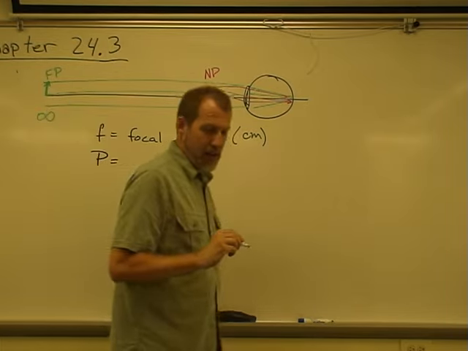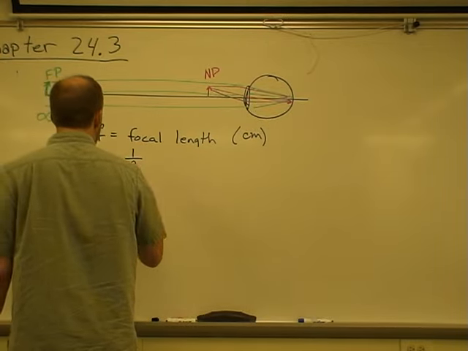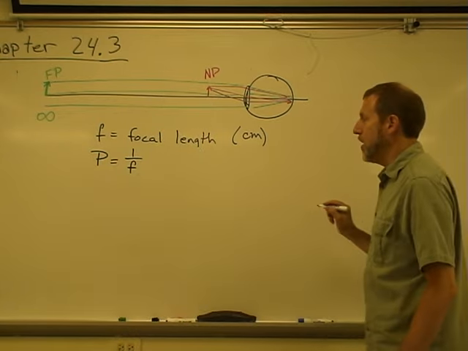the power of a lens is given as 1 over the focal length of a lens.